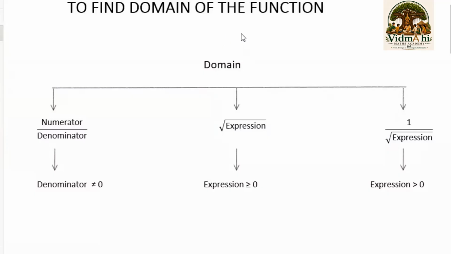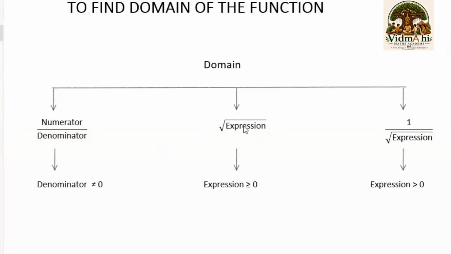To find the domain of a function, you should remember these three golden rules. First rule: if the given function is of the form numerator by denominator, then the denominator should not equal 0.